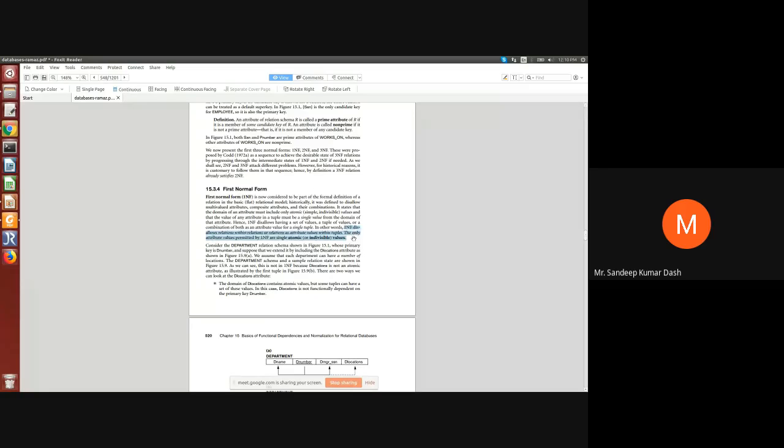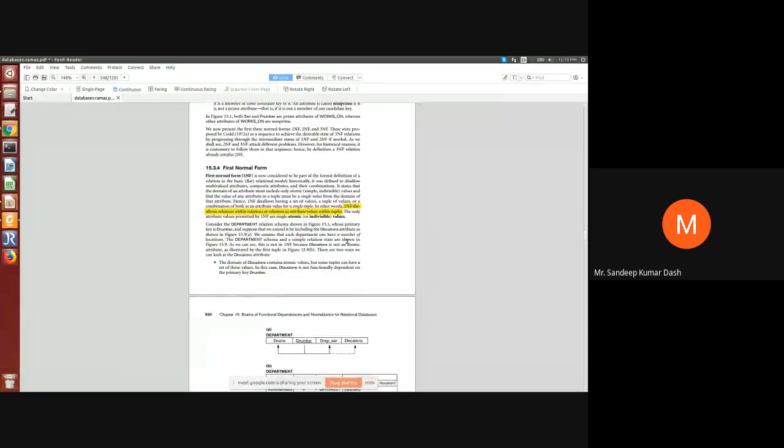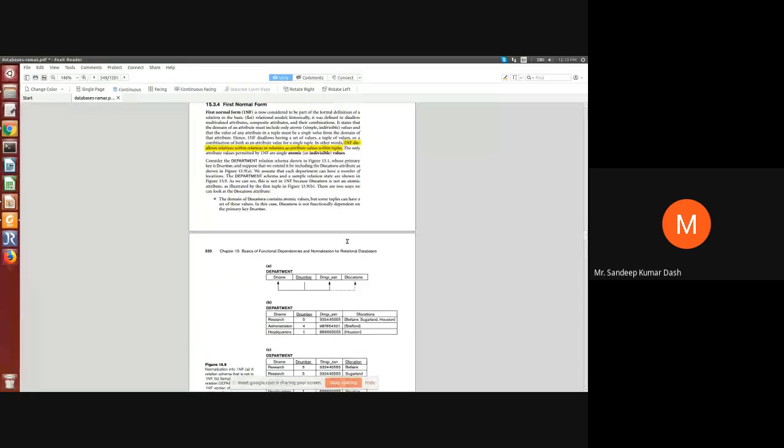This is the definition of first normal form. It says that all the relations should have only atomic attributes. Atomic means which should be undivided. That means the attribute values within the tuple should be undivided.